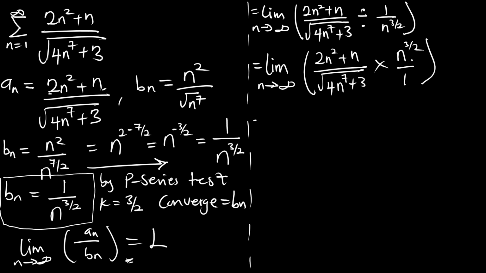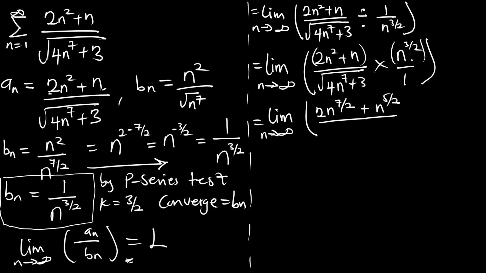So this is also the same as limits as n approaches infinity of, when you multiply this by that, what are we getting? We are going to get 2n, which is 7 on what? 2. Law of indices, when they are multiplying, you are going to what? Add, right? So you are going to add 7 on 2 plus, if it multiplies that is going to be n5 on 2.